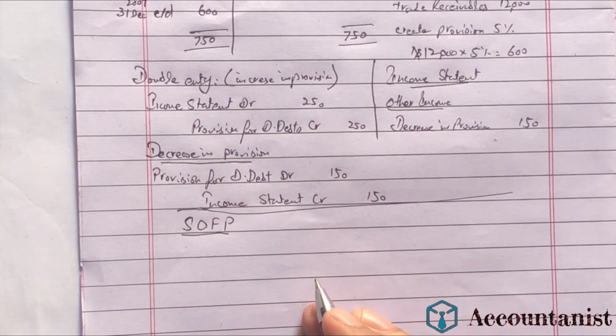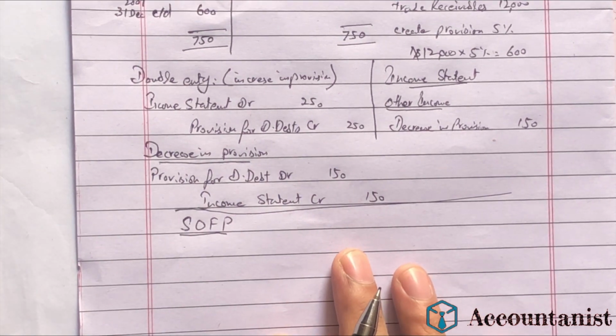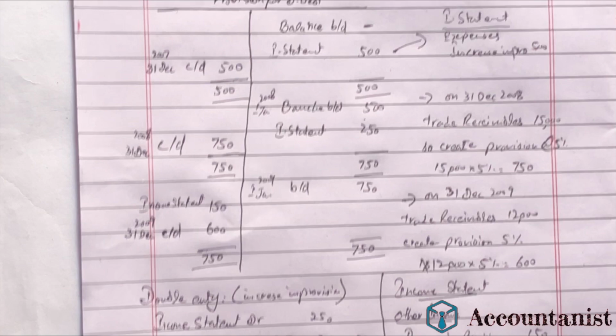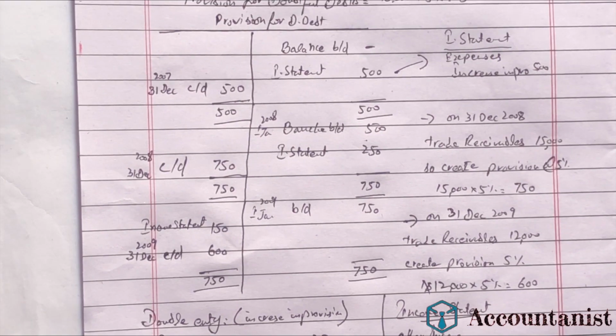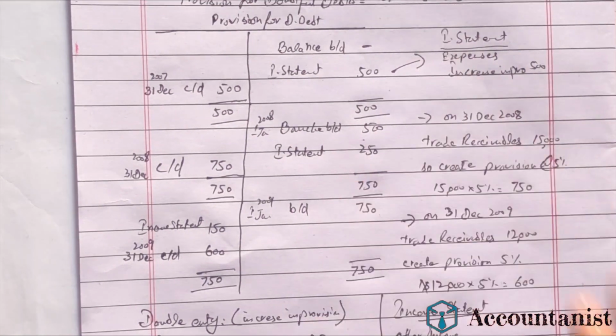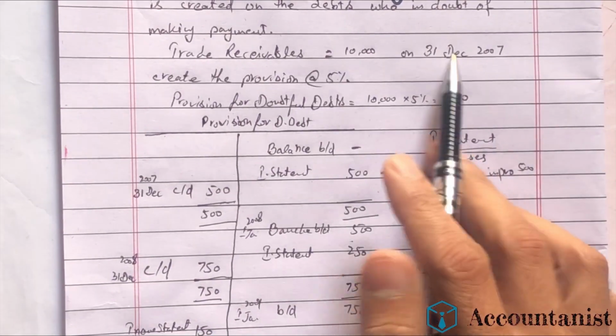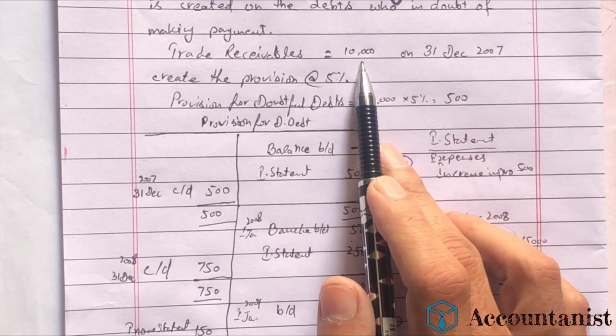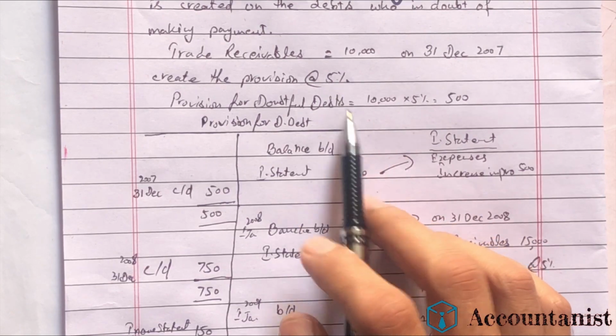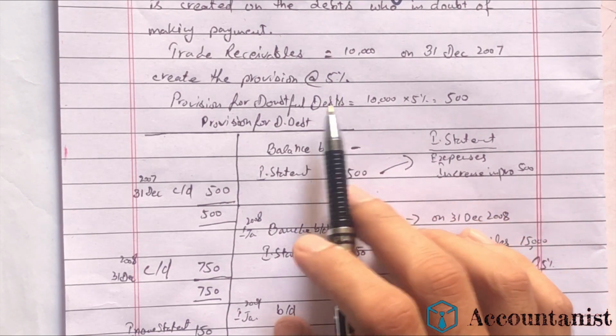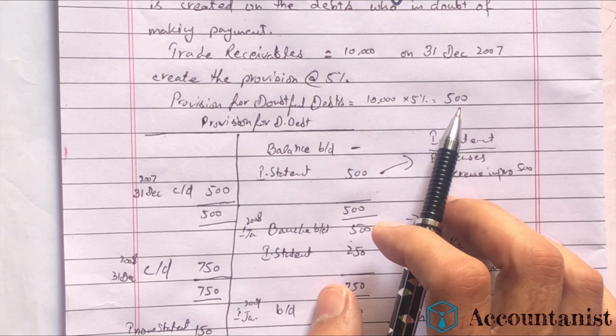so what do we have to do? If I'm going back to the example that we have here at the start, on 31st December 2007, the trade receivable was 10,000, and we created the provision for doubtful debts of 500.